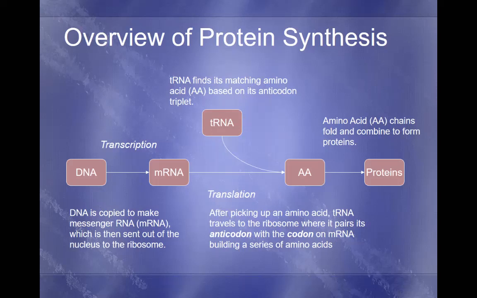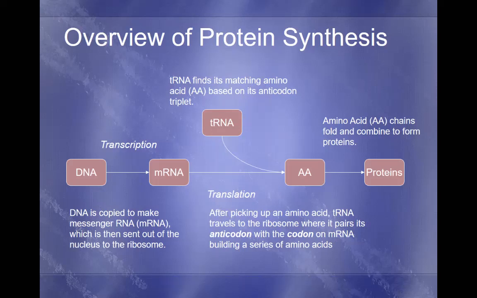When it does this, it matches up its codon, triplet in mRNA, to the anticodon, triplet in tRNA, to give a very specific amino acid. It will continue to move in additional tRNA, creating a peptide bond between the amino acids, and then releasing the tRNA to get another amino acid.